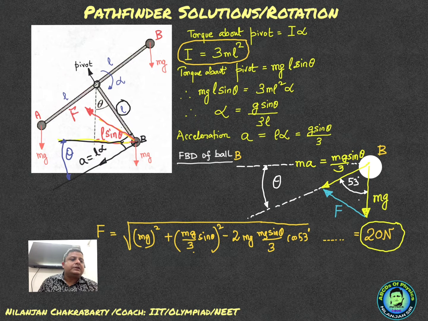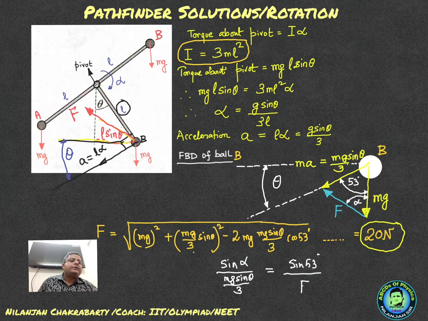Say the angle made by the force with this vertical is alpha. By the sine rule, sine alpha divided by mg sine theta by 3 is equal to sine 53 degrees divided by the side opposite to that, that is F. Now obviously by now you know that F is equal to 20 Newton. So that's all.